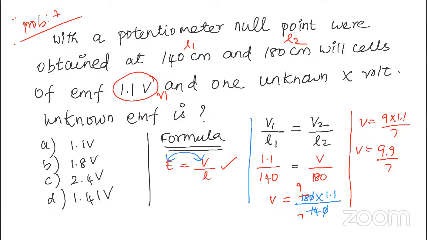So dividing by the 7 table, we have 1.141 volts. Right? So here option D is the right one.